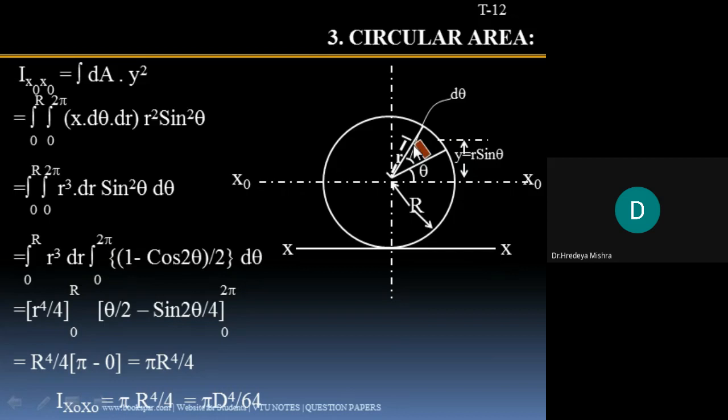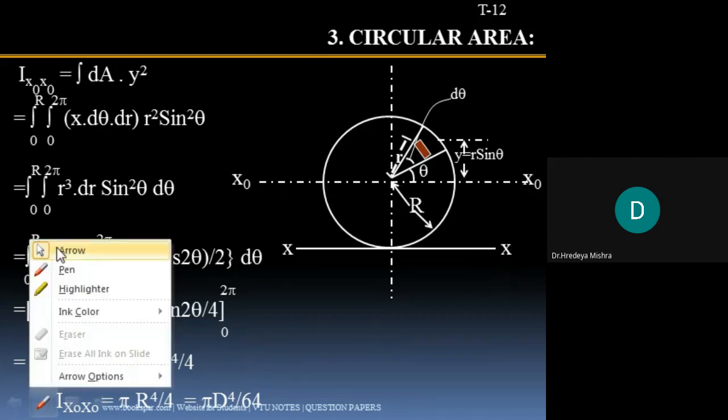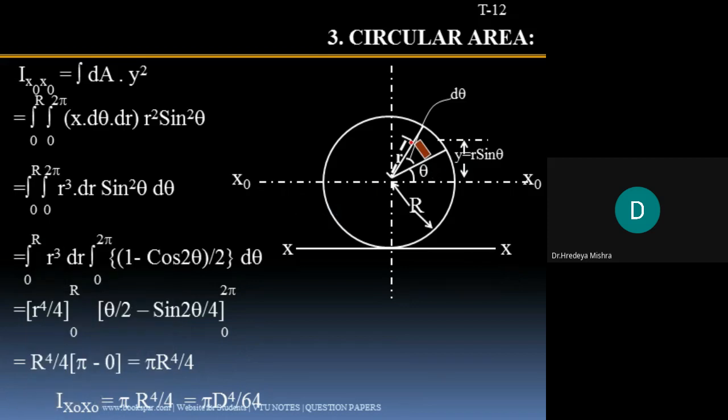And how are we going to calculate the area of this particular region? Just take this region, the distance from the x axis, see, d theta and r, see this distance.